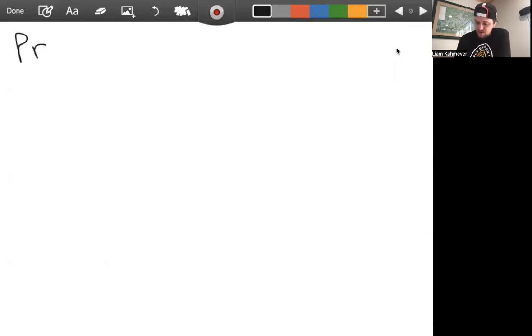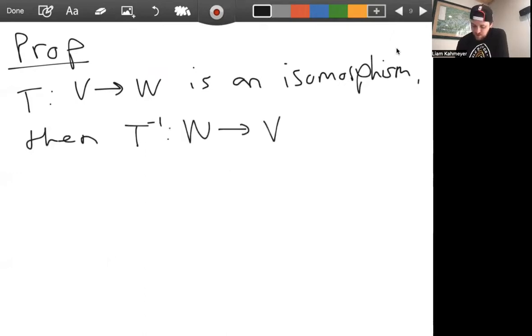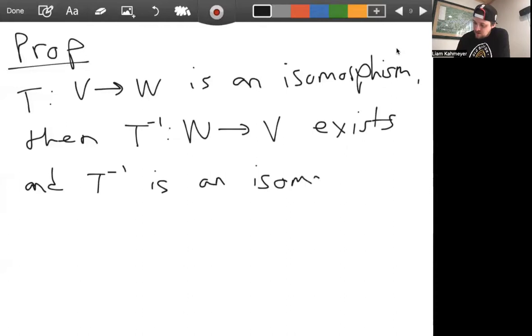So here's a proposition: if T from V to W is an isomorphism, then T inverse exists. Well, T inverse would be from W to V, right? Then this exists, and T inverse is also an isomorphism.